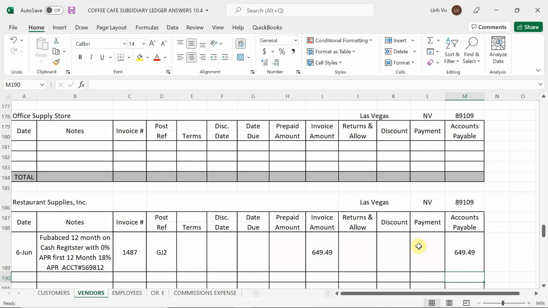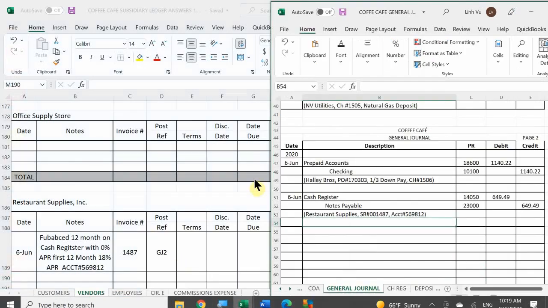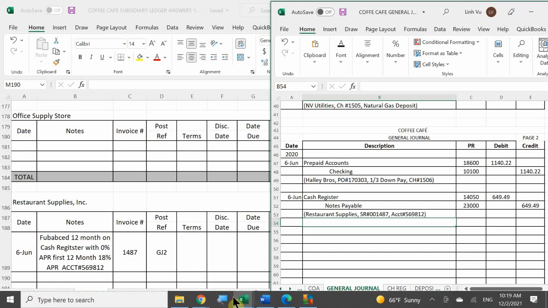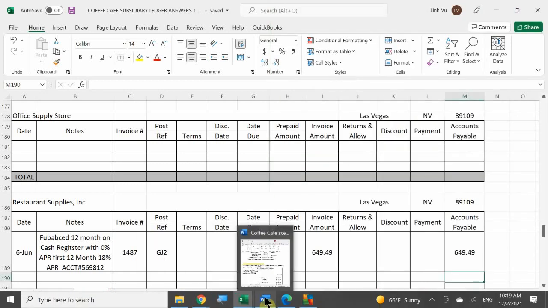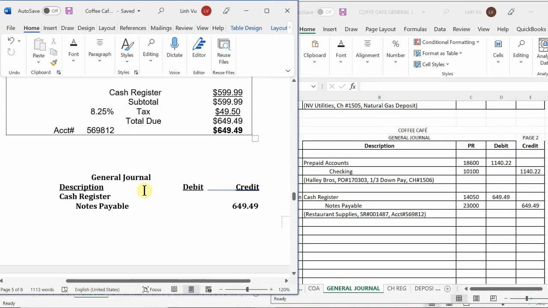Okay. So again, we did our journal, we updated our ledger accounts, and we posted to our subsidiary ledger. Okay. So then, let's go ahead and see what has happened next.